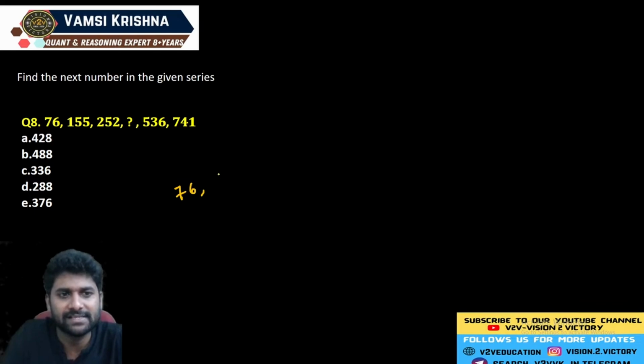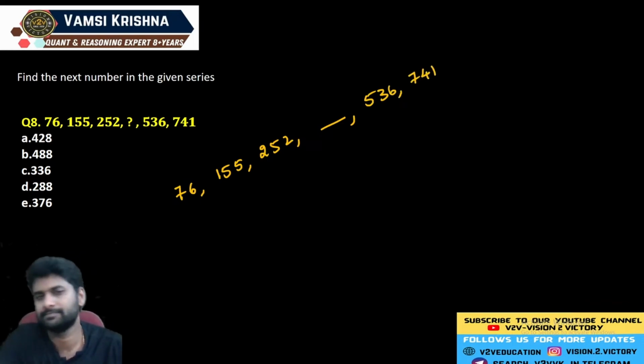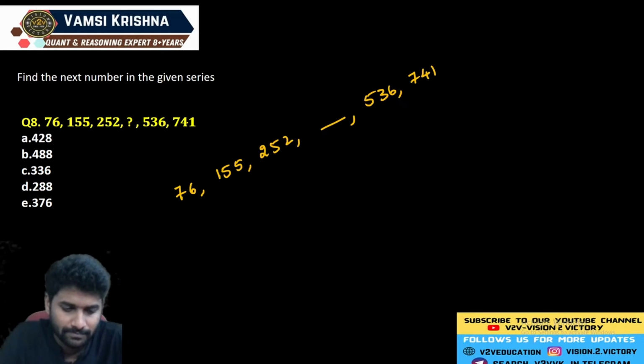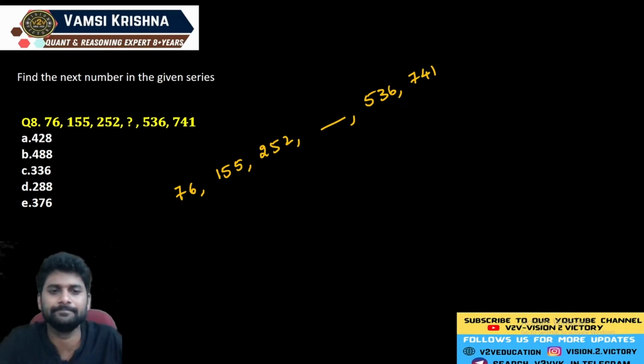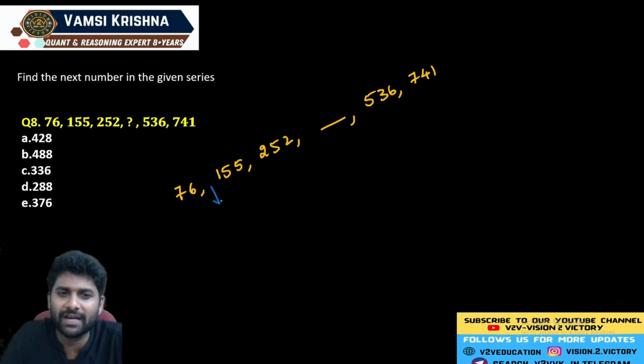The 76, 155, 252, 536, 741. What can be the next number? Now see 76 and 155.